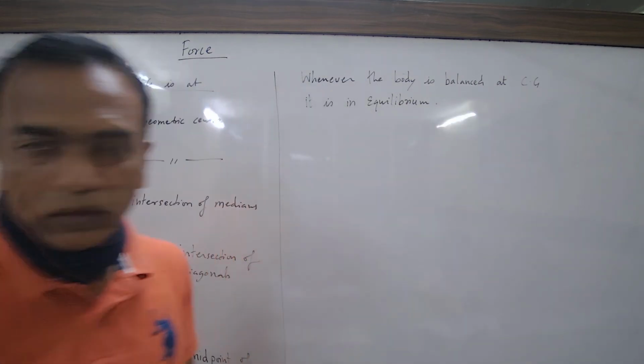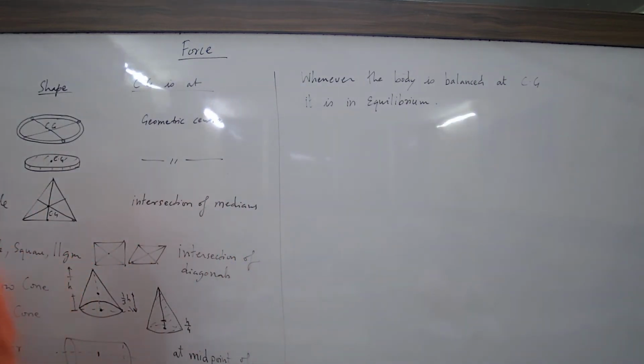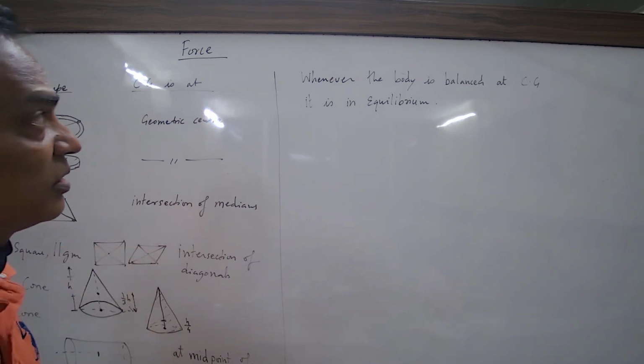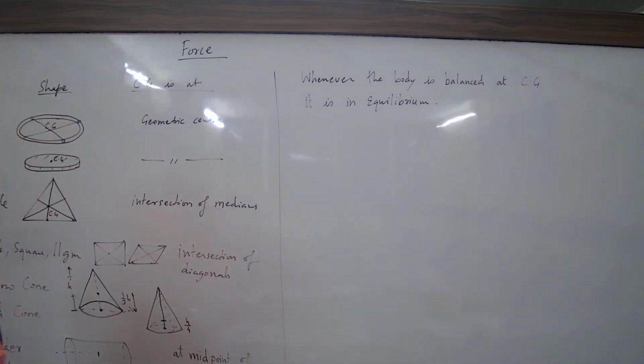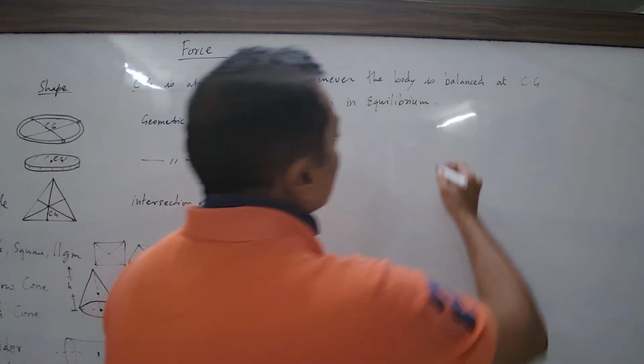Because it follows the equilibrium condition. It is not moving anywhere, so force is zero. It is not turning on any side, so moment on left side is balancing the moment on right side. So both conditions of equilibrium are satisfied. So whenever the body is balanced at CG, it is in equilibrium. Remember that.